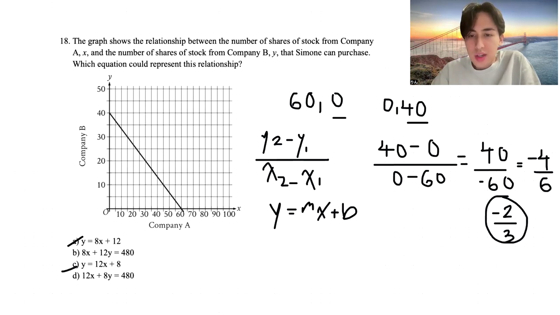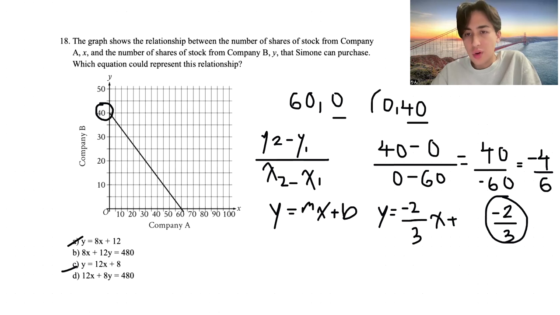That cannot be options because we have to find the equation that has the negative slope. So let's plug it in first. We have y equals negative 2 over 3 x plus b, which is the y-intercept. The y-intercept is the point that intercepts on the y-axis. So that is 0, comma 40.